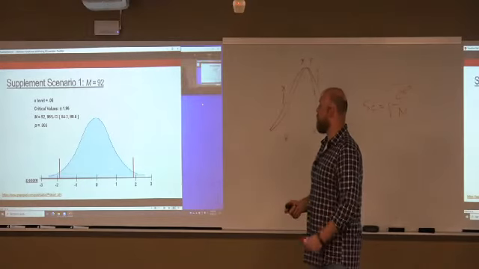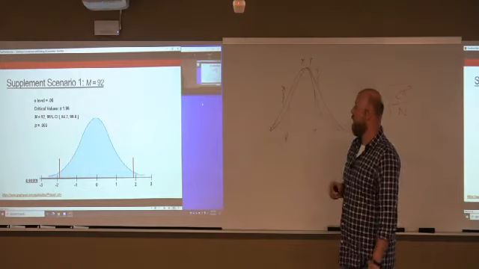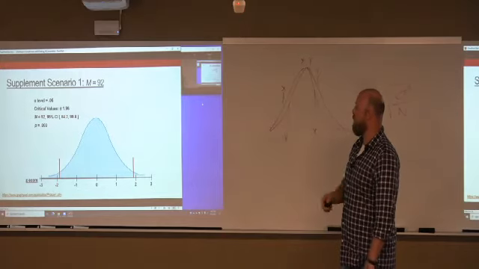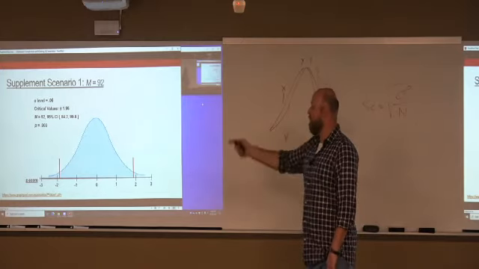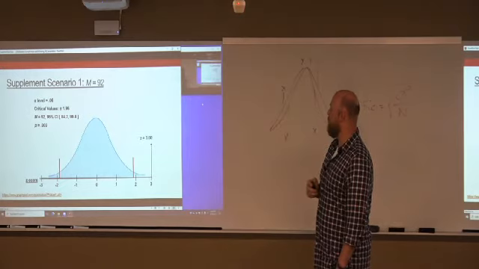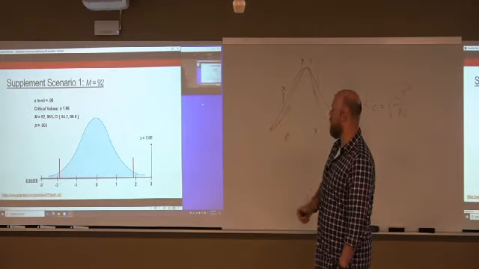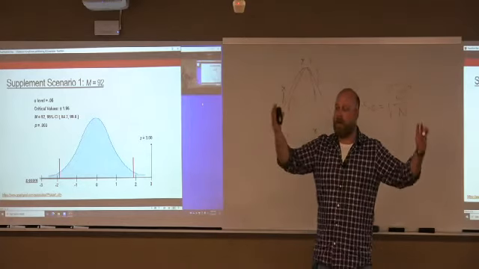Here in our supplement scenario 1, we've got a mean of 92, and we've identified our alpha level as 0.05. Critical values on my curve are plus or minus 1.96. My mean of 92, confidence bound, and then my z-score of 3 is hanging out here. I'm way outside the bounds of where my benchmarks are.